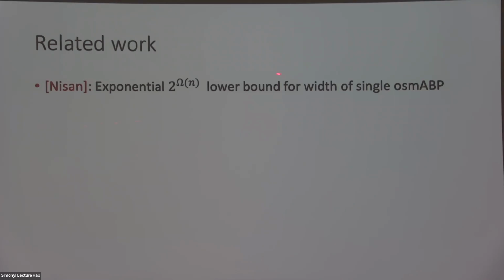And Nisan proved exponential lower bounds for a single ordered set multilinear branching program, that's exactly the model that he studied. And he showed that there is a hard polynomial so that if you have any single ordered set multilinear branching program computing it, one of the layers needs to have a lot of vertices in it. So the width, there's some layer which has width exponentially large.